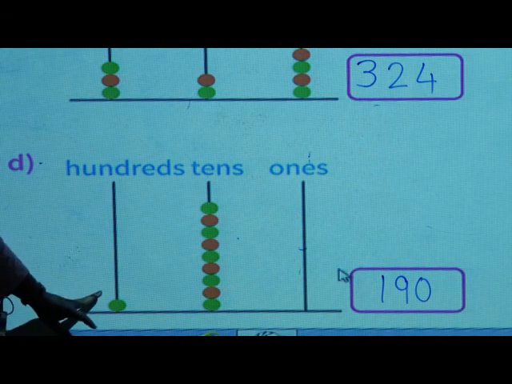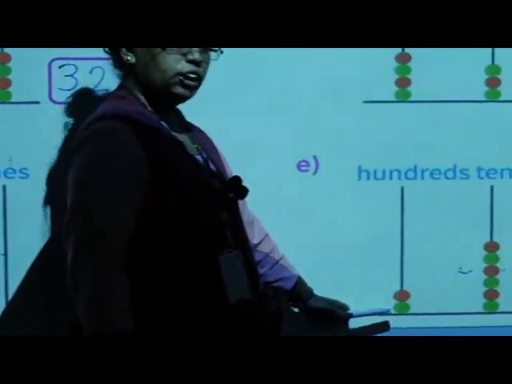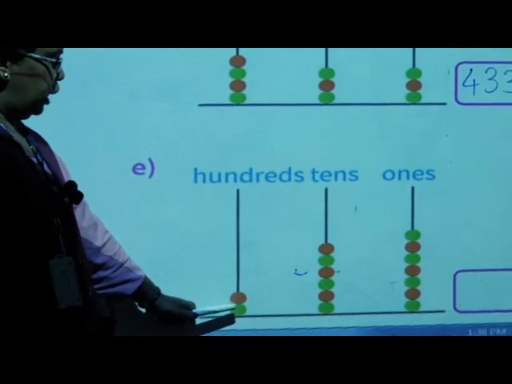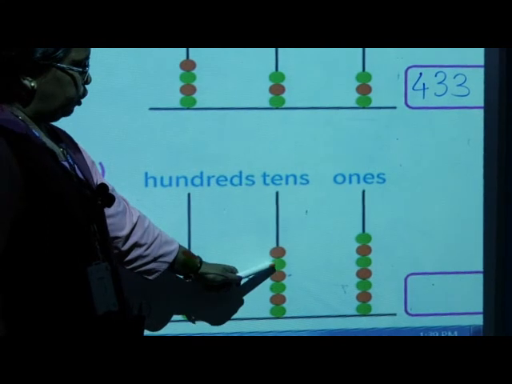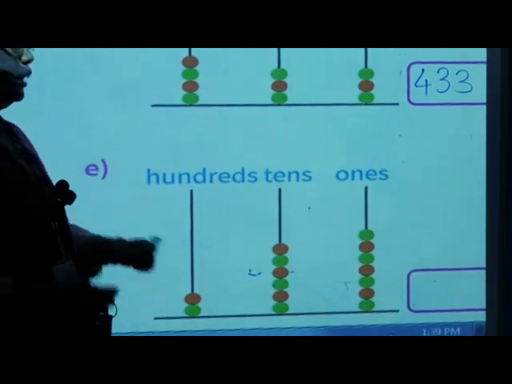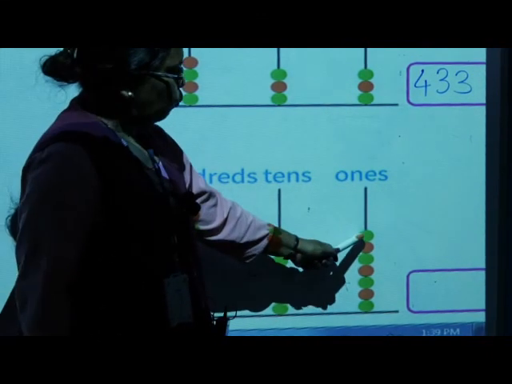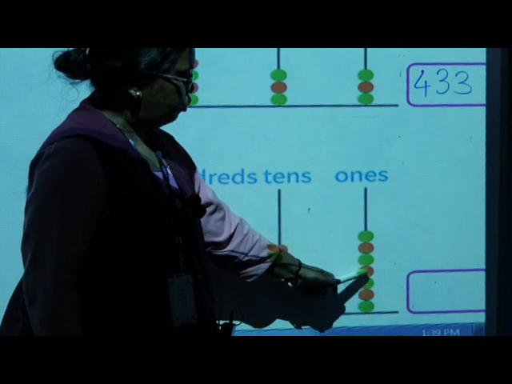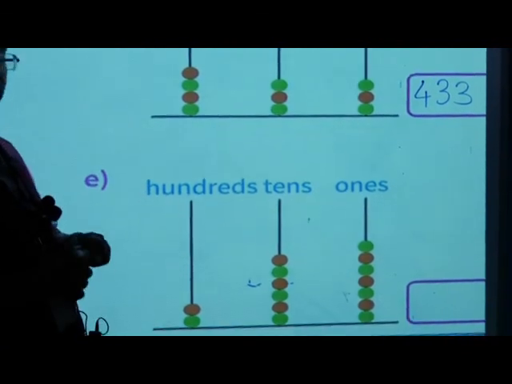How will you spell 190? Then next. Hundreds column. How many beads are in the hundreds column? 2. Then in the tens column, 1, 2, 3, 4, 5, 6. 6 tens. Then the ones column, 1, 2, 3, 4, 5, 6, 7. 7 ones.